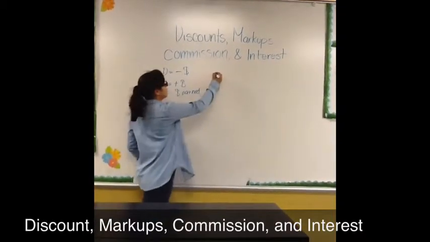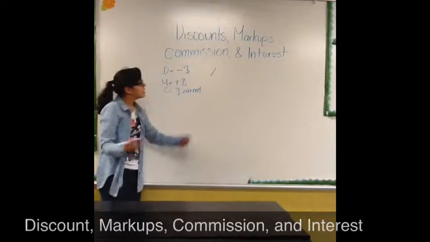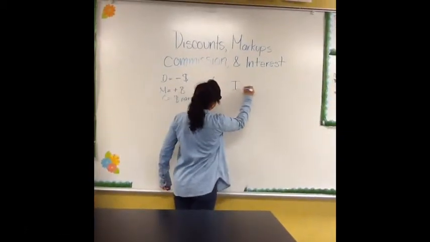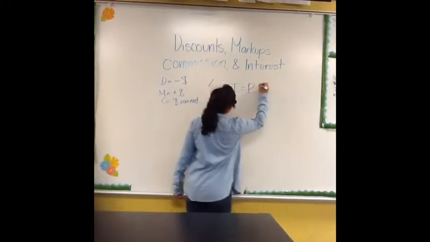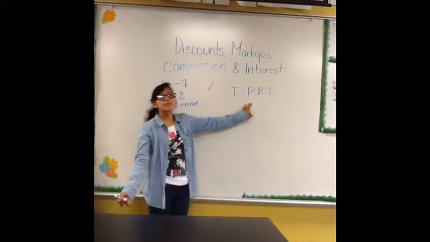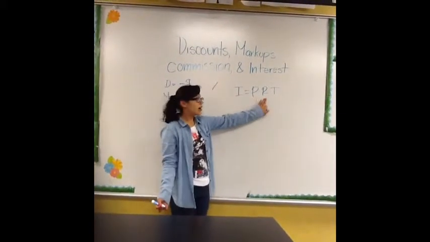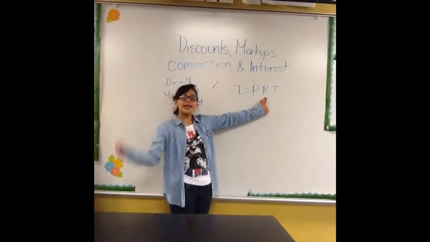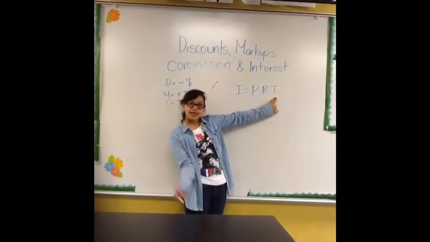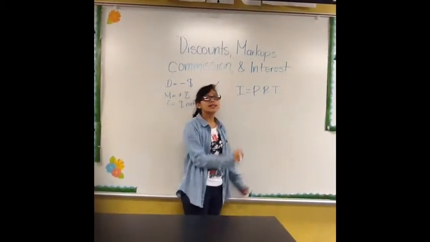These usually involve percents. The formula for interest is I equals P times R times T, where I is the interest, P is the principal amount, R is the rate in percent, and T is the time, which might be months or years.